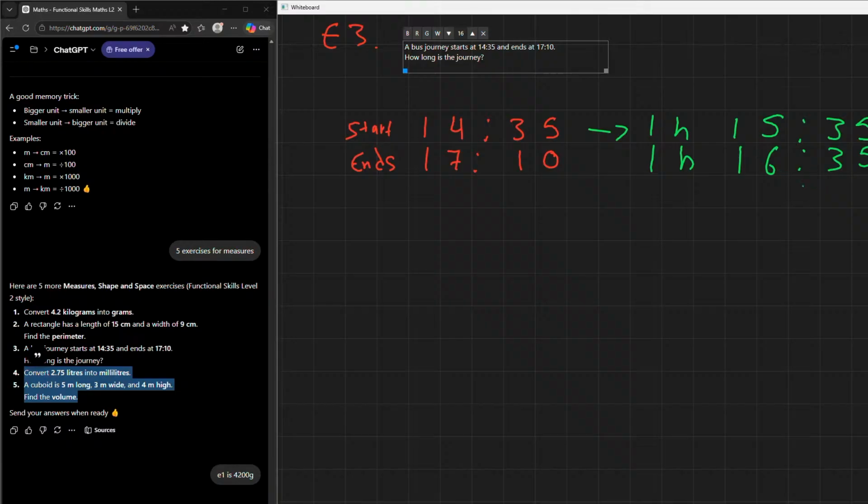So we are at 4:35 plus what, 25 minutes to go to 5 o'clock, and then we know we have 10 minutes left, so plus 10 minutes for 17:10 to reach our destination.